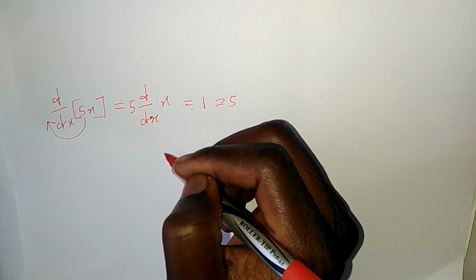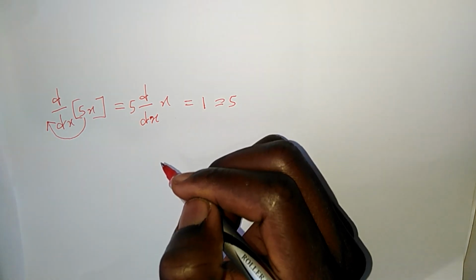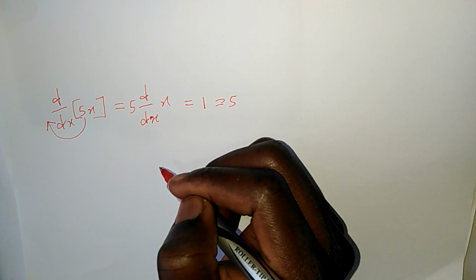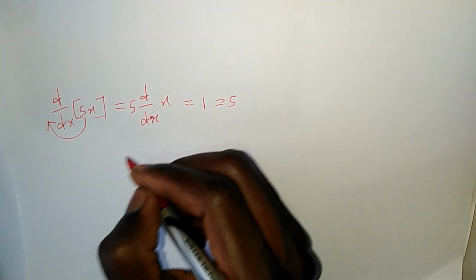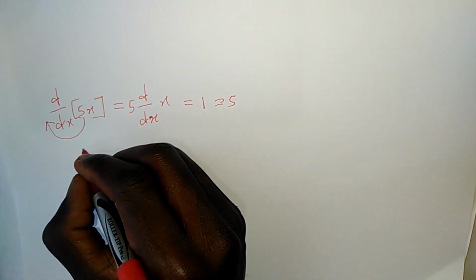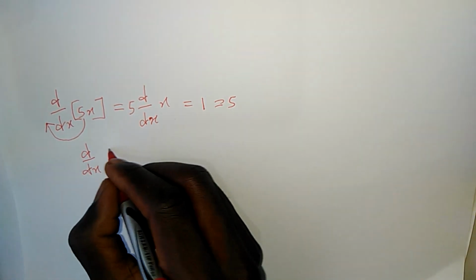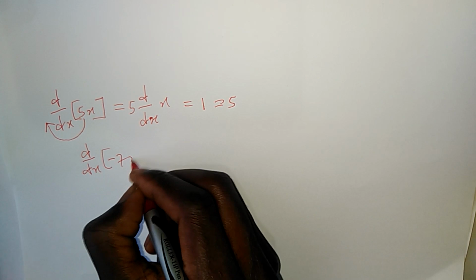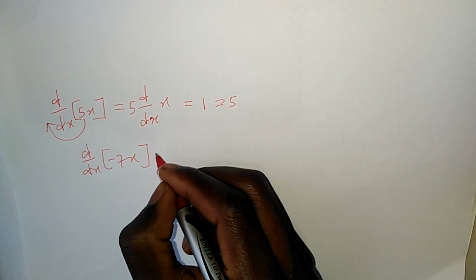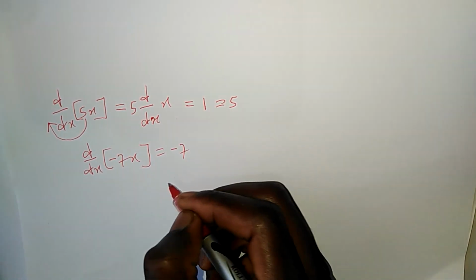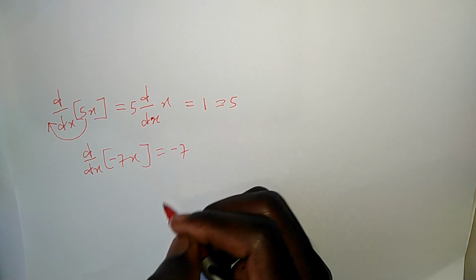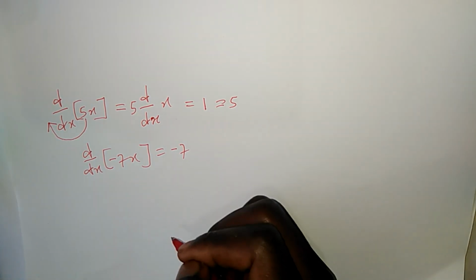Now, what if you have a differential of d over dx of minus 7x, which equals minus 7? How do we arrive at minus 7?